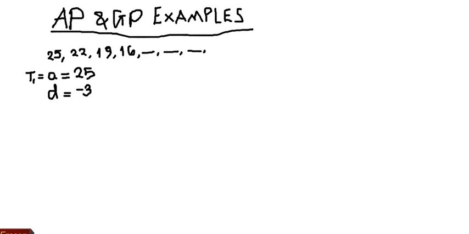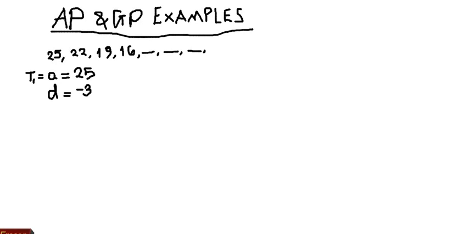No. The procedure for obtaining the common difference is you start with the term on the right and take out the term on the left from the term on the right. So it is 22 minus 25, or 19 minus 22, or 16 minus 19, in that order. You start with the term on the right, subtracting the term on the left from the term on the right.